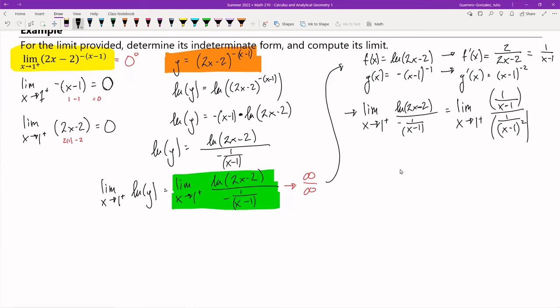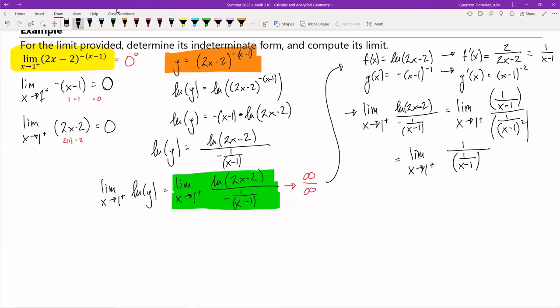Turns out one of these that is on the bottom cancels out one that's on the top. So this now reduces down to the limit as x approaches 1 from the positive of 1 over x minus 1.